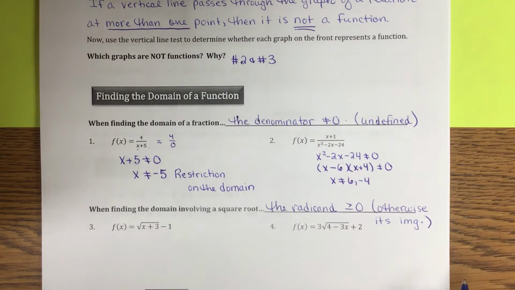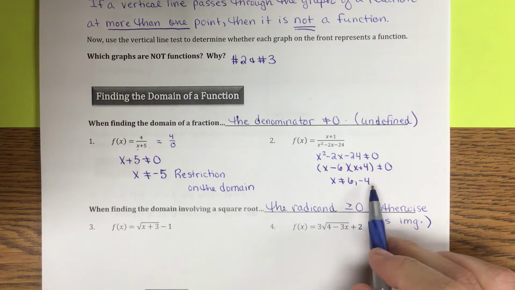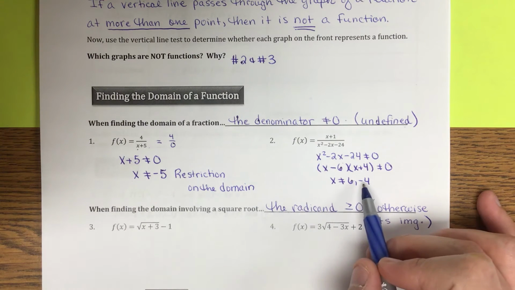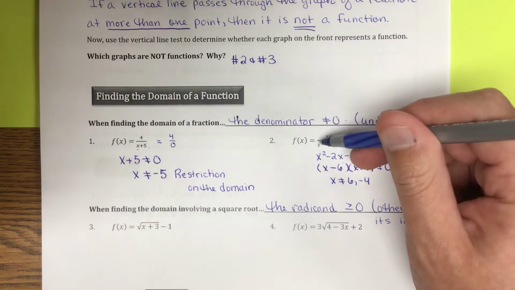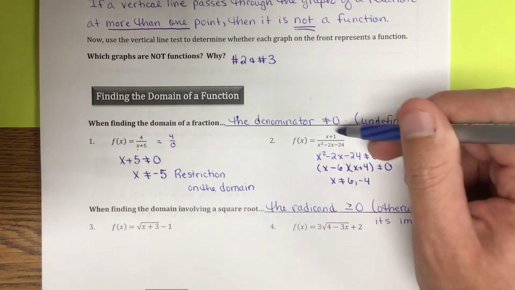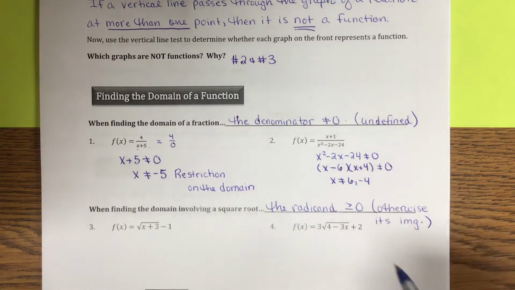And so in this particular problem, I get 2 different restrictions for the domain. So the domain can be anything but 6 or -4. If you plug either of those values into the denominator, you'll get the 0 in the denominator just like we did in problem number 1.